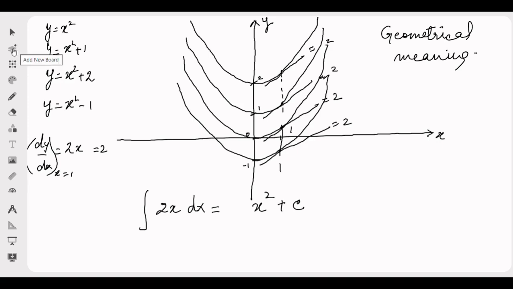Let us take some functions whose derivative we know, like suppose we are given the function y is equal to x raised to the power n plus 1 upon n plus 1.